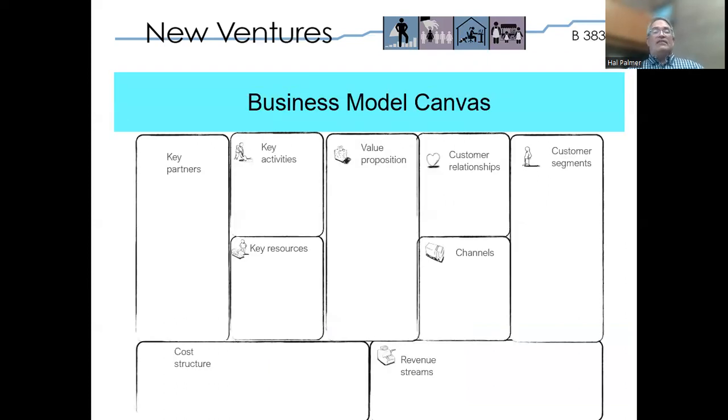So in this presentation, we will be discussing the business model canvas, which, here's an example of it, has 9 boxes of different aspects of a business. And this business model canvas is designed to help take a business idea from an idea to something that you can visualize.